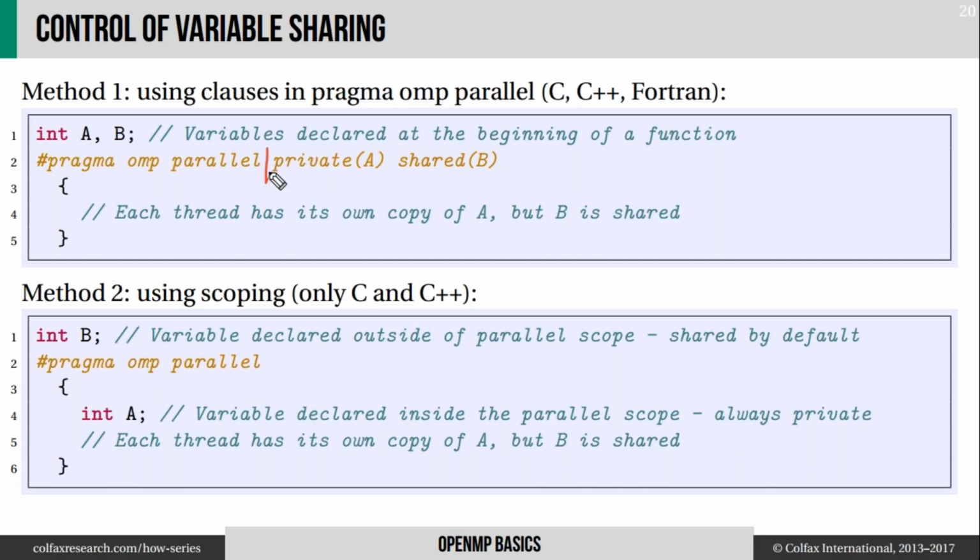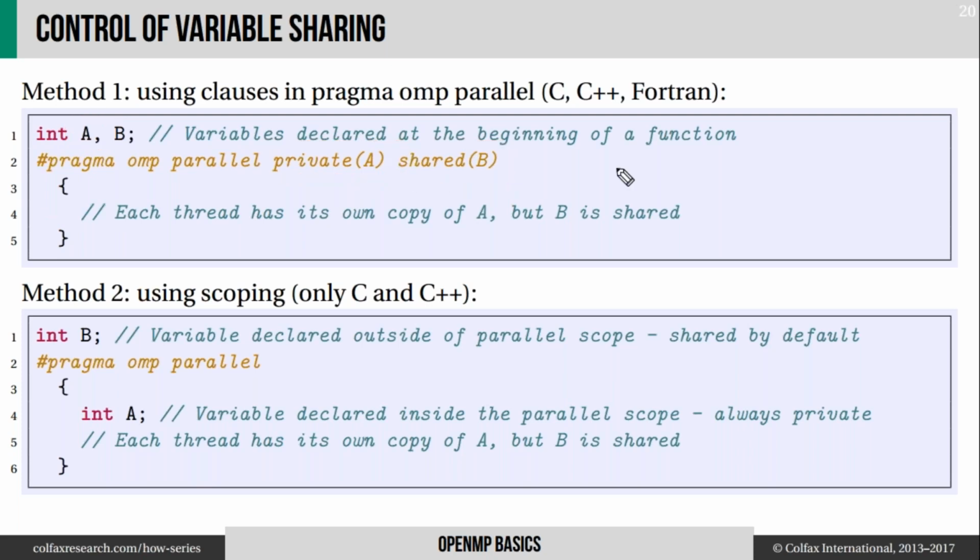This is when I can use the clause private. With the clause private, OpenMP will make a copy of this variable for every thread. So when I say A inside the parallel region, it will mean a different memory address for each thread. If I wish, I can also declare some variables as shared, even though this is the default behavior.